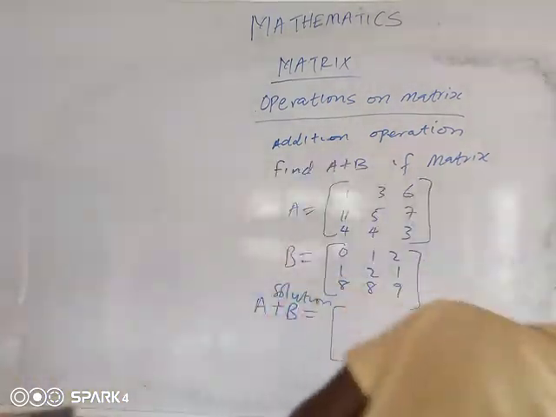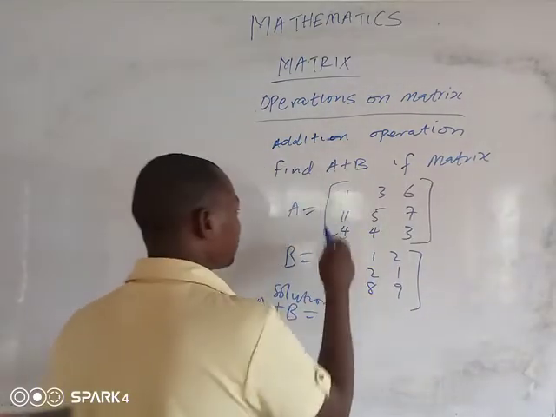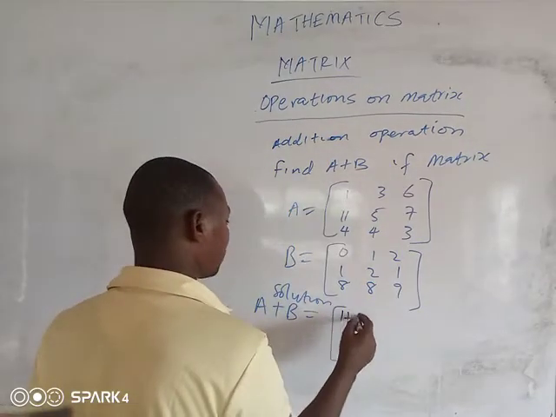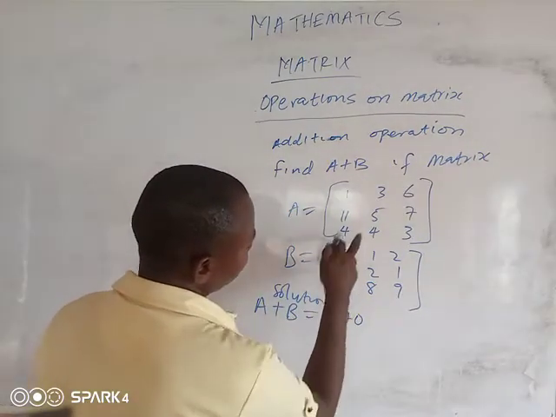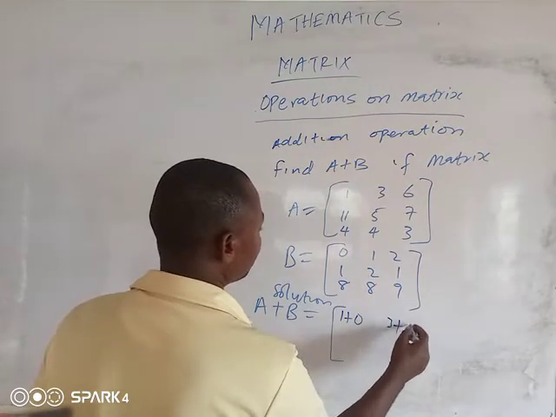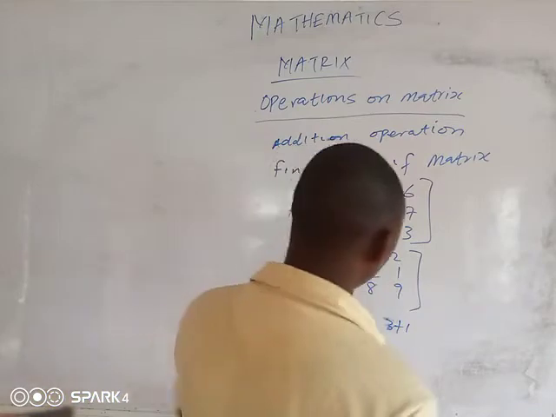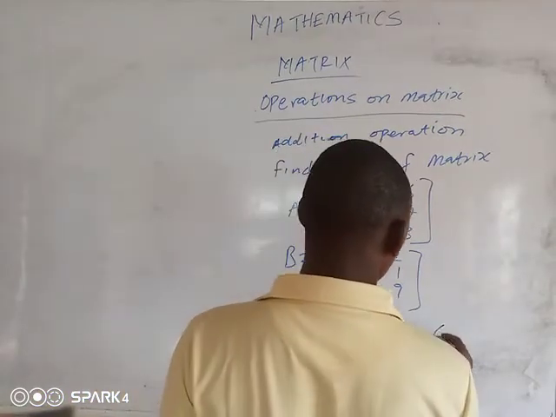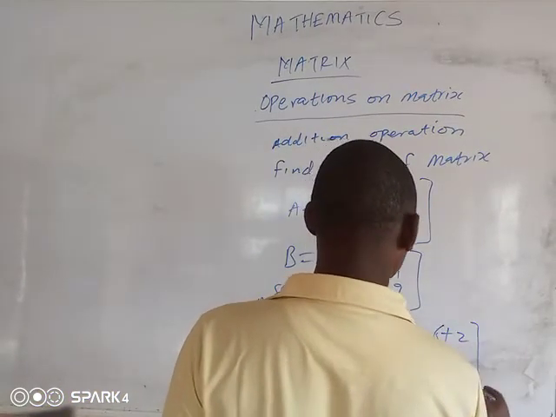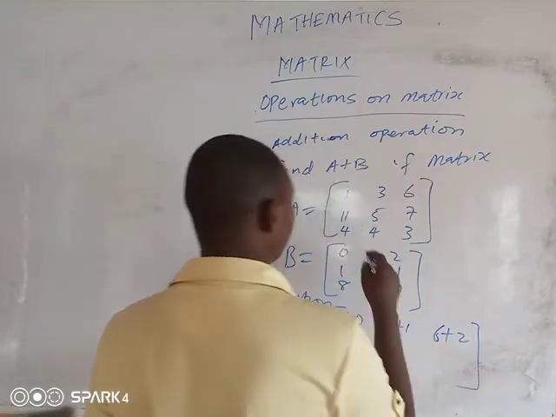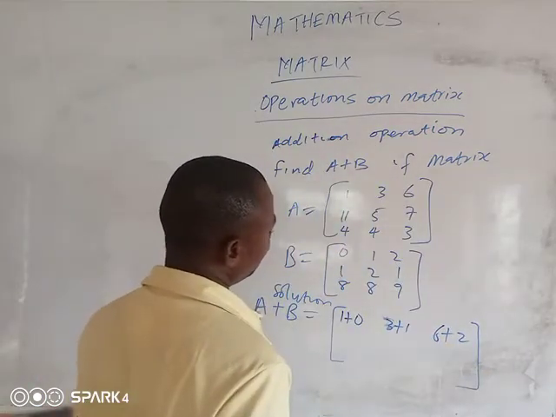Okay? So 1 plus 0, 3 plus 1, 6 plus 2. So I'm done with the first row.